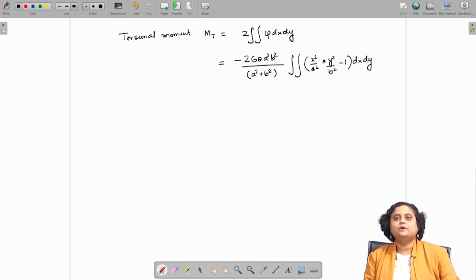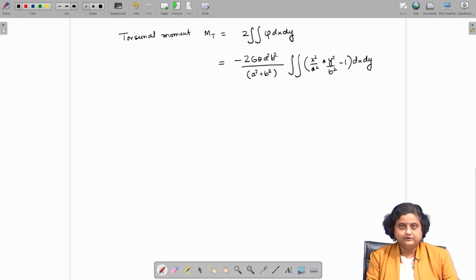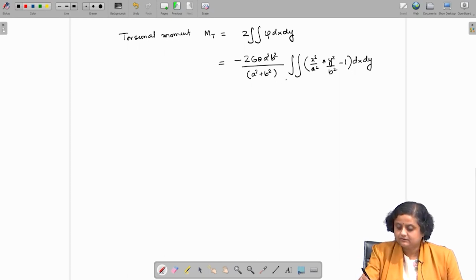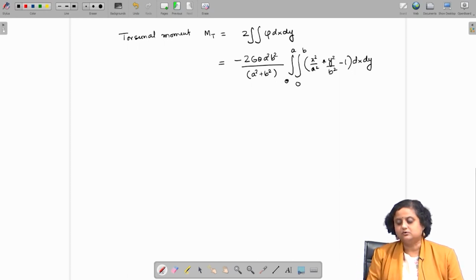So, we have to evaluate this integral. If we evaluate this integral, we will obtain the expression of Mt in terms of G theta and the geometrical parameters of the cross section. So, x is going from 0 to a and y is going from 0 to b.